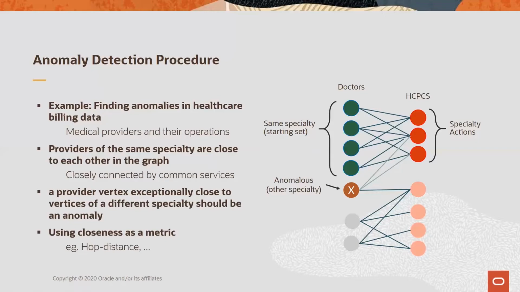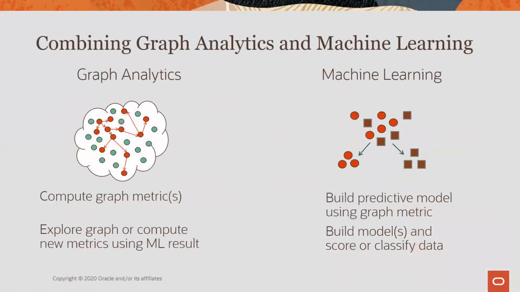The main reason why I've tried to explain this was that we can make use of this concept of closeness as one possible metric, which you can use in conjunction with machine learning, right?